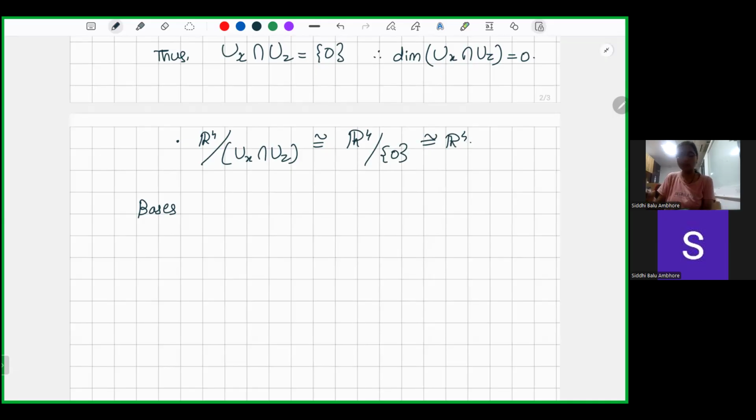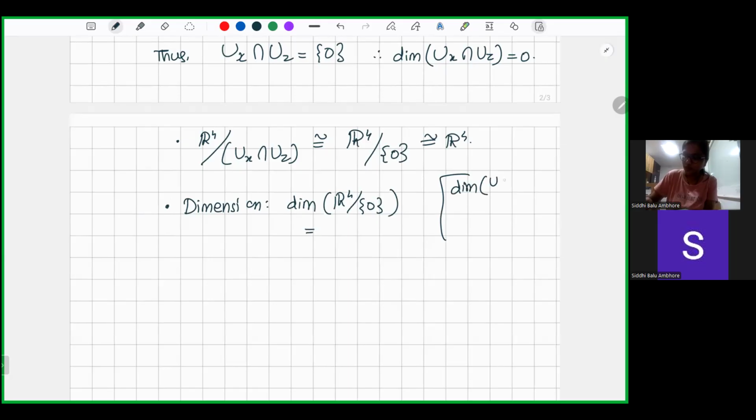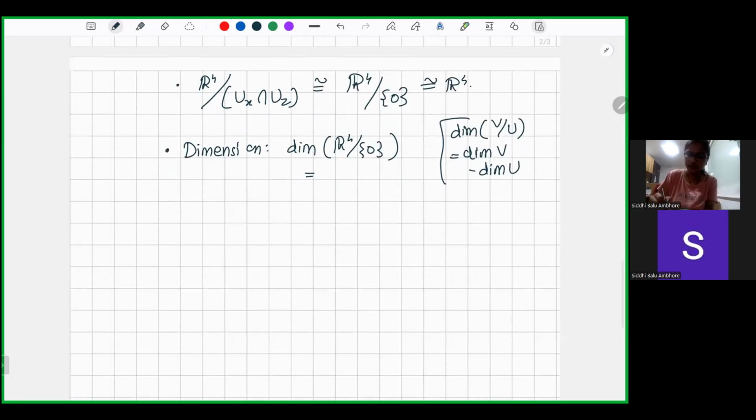To find the dimension, we know the dimension of a quotient: dimension of V quotient U is dimension of V minus dimension of U. So this will be dimension of R4 minus dimension of 0, which is 0. So this will be 4 minus 0, so 4.